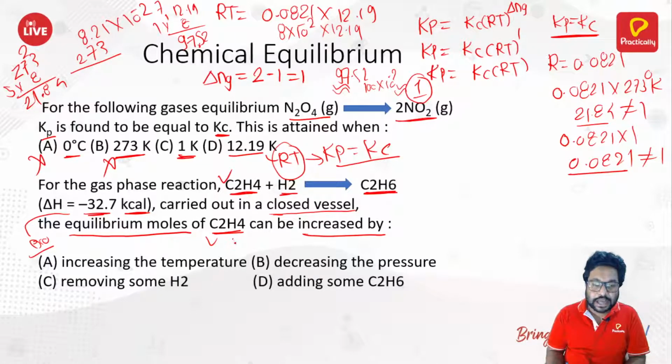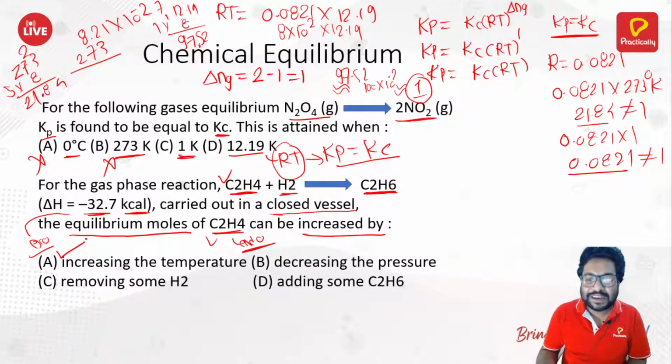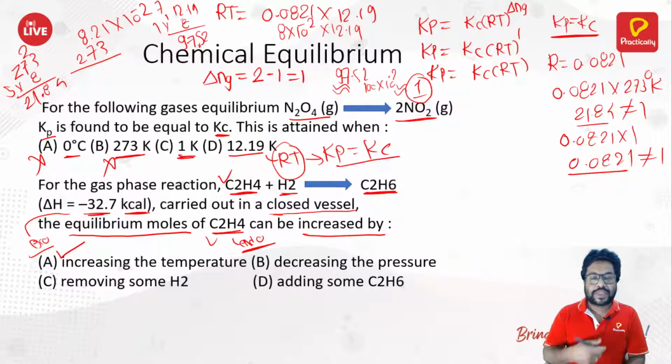So the reverse direction has to be endothermic. So how can we increase the concentration of C2H4, the reaction being endothermic? Obviously by increasing the temperature. That's for sure, right? Because the reaction is endothermic, and endothermic reactions are favored by increasing the temperature.